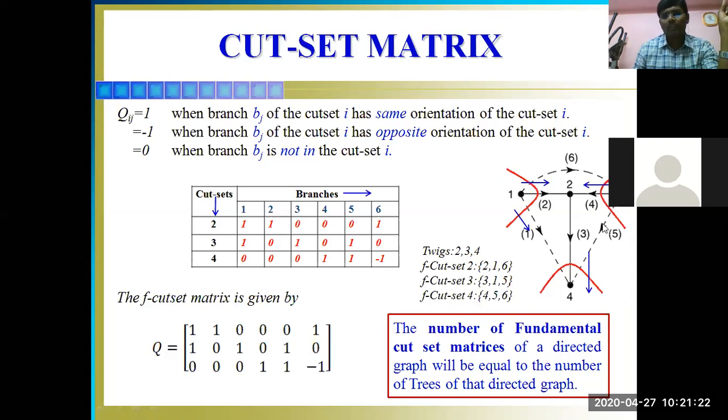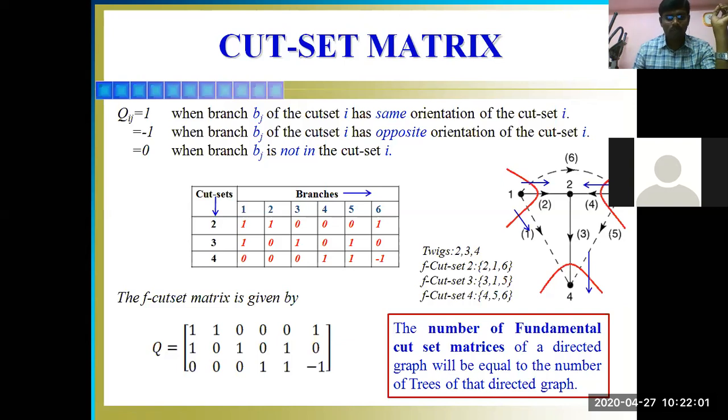So therefore plus 1. Coming to 6, the direction of the cut set is away from node 3, but 6 is oriented into 3. These two are opposite, 6 and this cut set are opposite. So therefore we should get minus 1. So this is the way to get a fundamental cut set matrix.